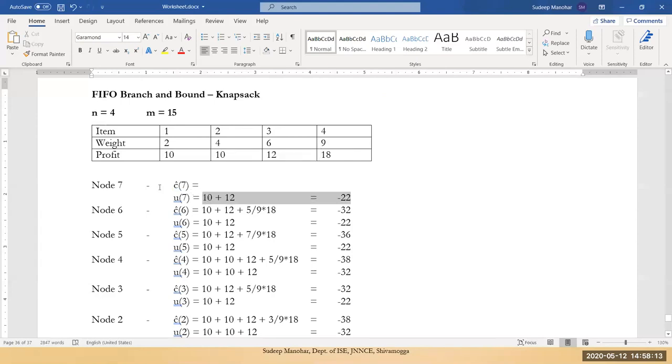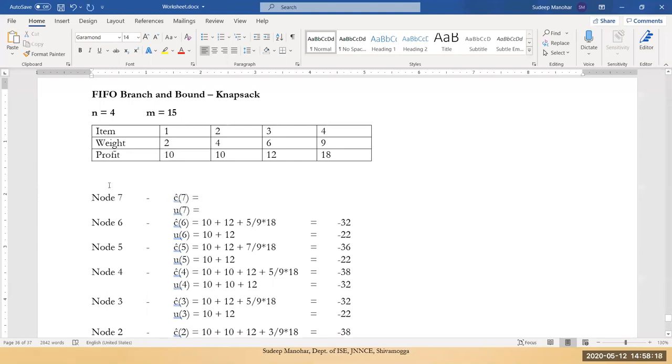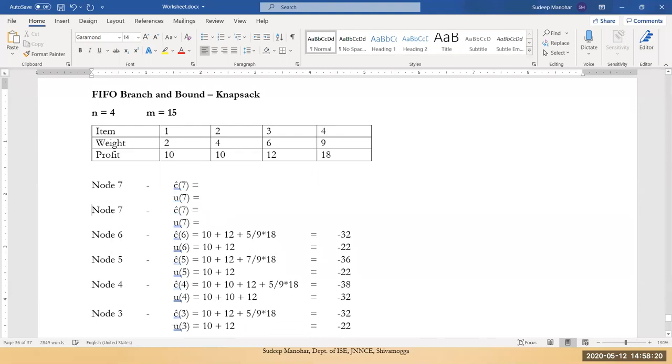So when you don't consider 1 and 2, with fraction becomes this 3 and 4, 6 plus 9, what is it? 15.